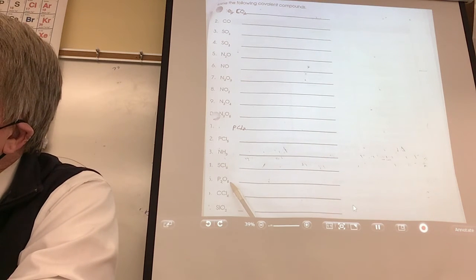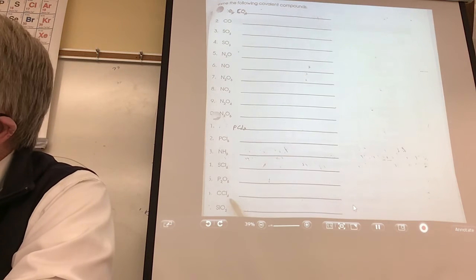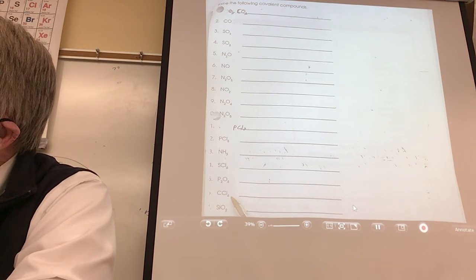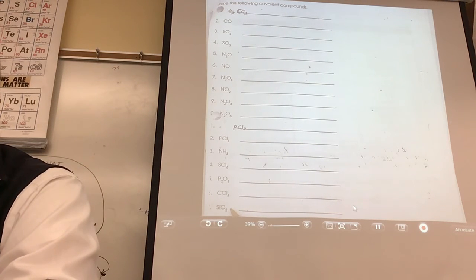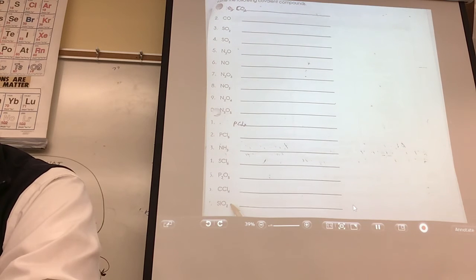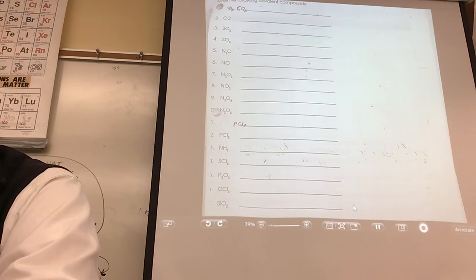Diphosphorus pentoxide. Yeah, pentoxide, yes, go. Yes, go. That's silicon. Yes, go. Carbon disulfide. Yes, go.